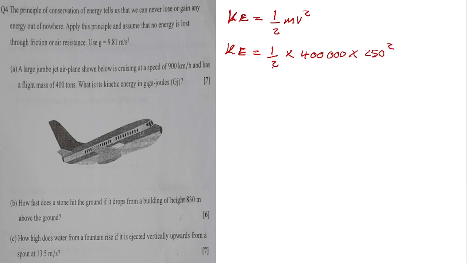So KE is equal to 400,000 times 0.5, which is 200,000, times 250 squared.